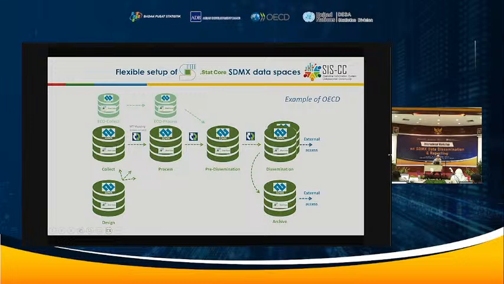You've also got some other spaces like collect for collecting data and process for aggregating data, things like that. And then in the middle, between the design space and dissemination, which is not publicly exposed, is the pre-dissemination space.